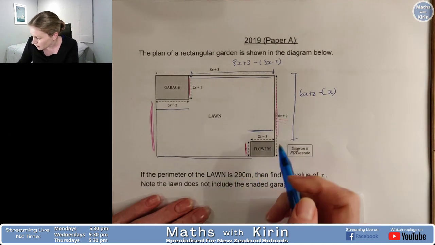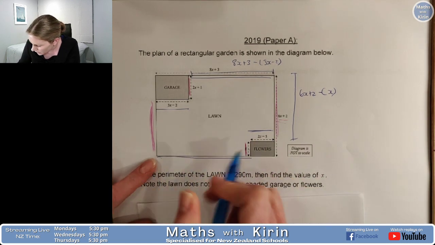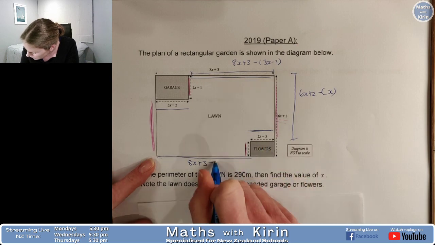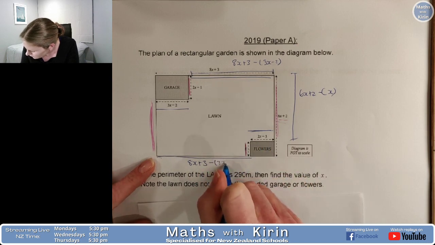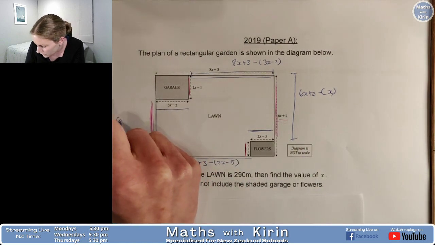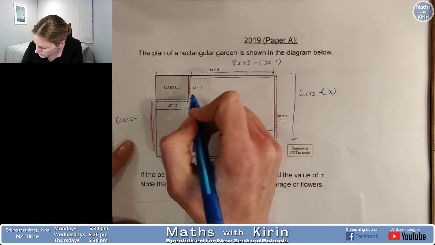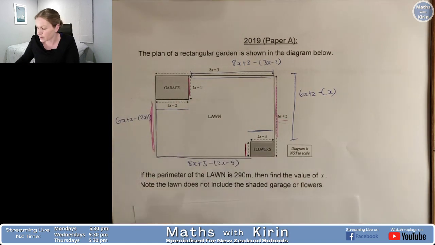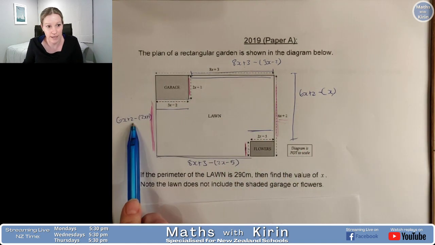Yep. To find this bit down here, you would have 8x plus 3 minus 2x minus 5. And this bit down here would be 6x plus 2 minus this bit here, which is 2x plus 1. So you'd have to simplify all of these things.